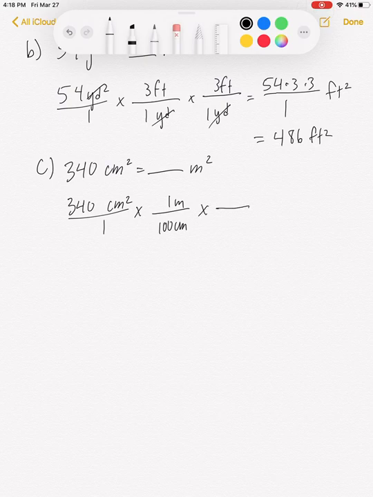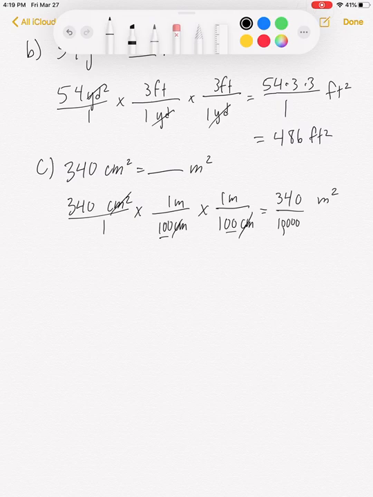Okay, I'm going to multiply by another conversion factor, 100 centimeters for 1 meter, because I need that and that to cancel with that. And when I multiply the numerators, I have 340 and meters squared, divided by 10,000, because that's what 100 times 100 is.